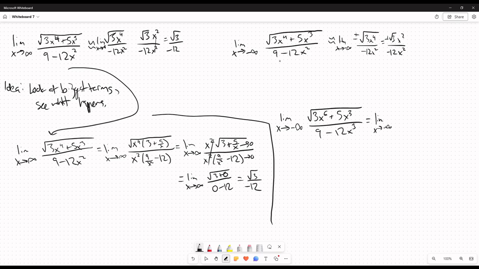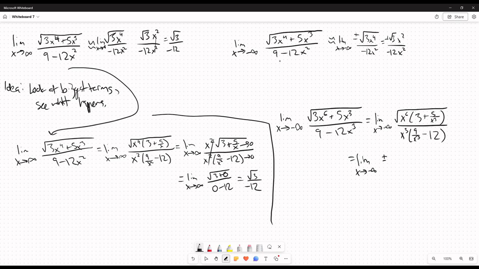In the numerator, I'll factor out an x to the 6th inside the square root. We'll be left with 3 plus 5 over x cubed. In the denominator, we'll have x cubed times 9 over x cubed minus 12. When we pull the x to the 6th out of the square root, remember there's really a plus or minus there.